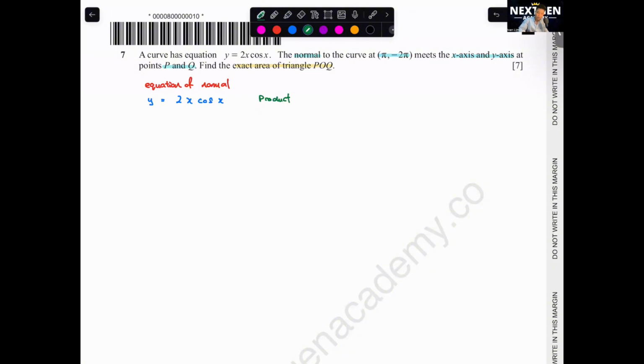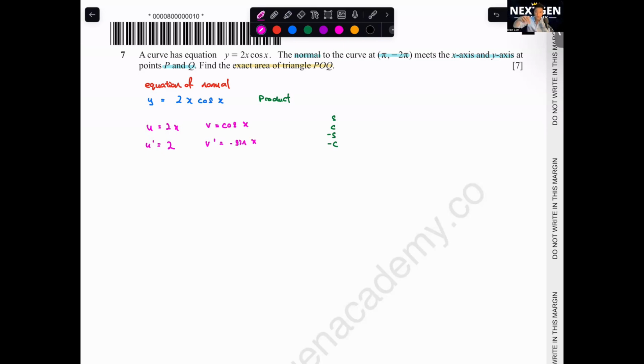Product rule, I want you all to write it like this. u equals 2x, v equals cos x. u prime equals 2, v prime: for cos, we follow S, C, negative S, negative C. Cos will become negative sine.